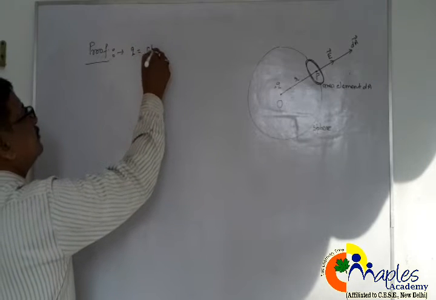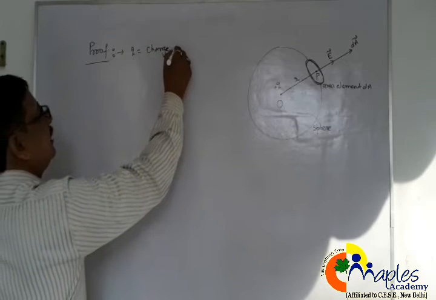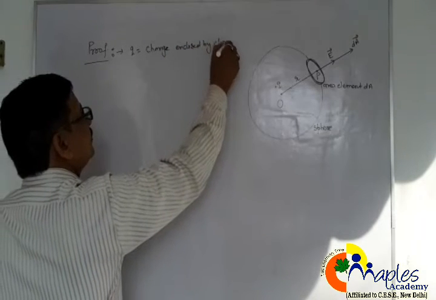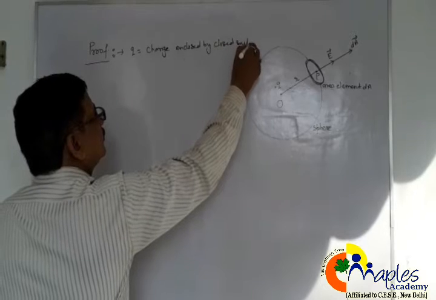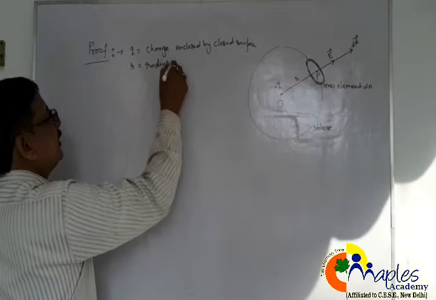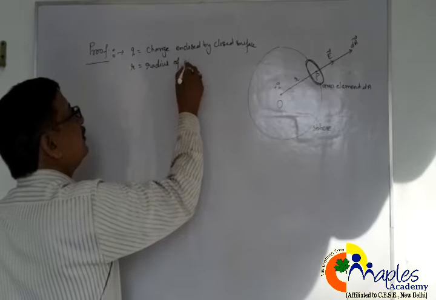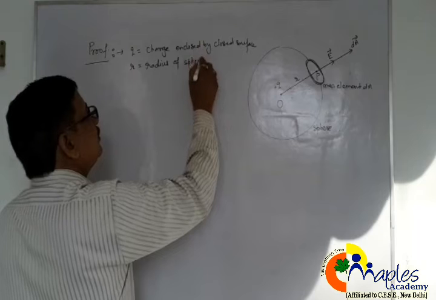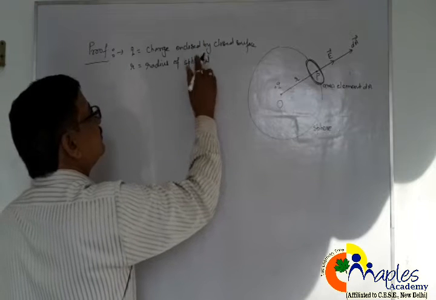Q is the charge enclosed by the closed surface. R is the radius of the sphere, or we can say spherical surface.